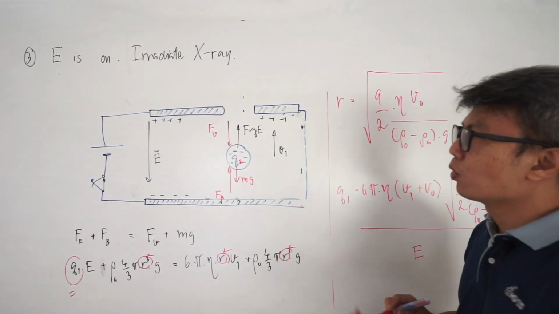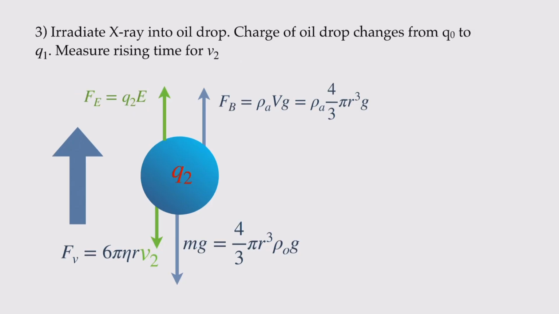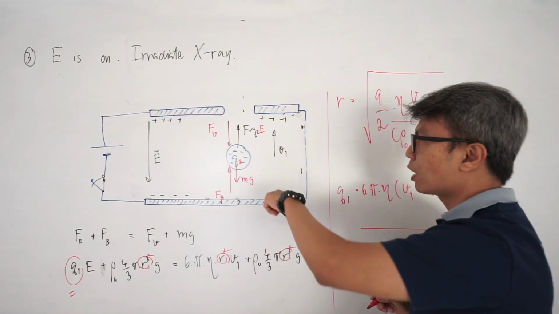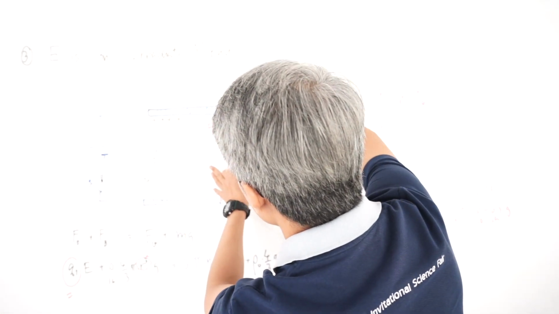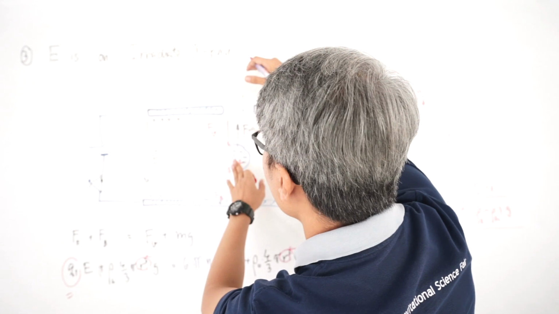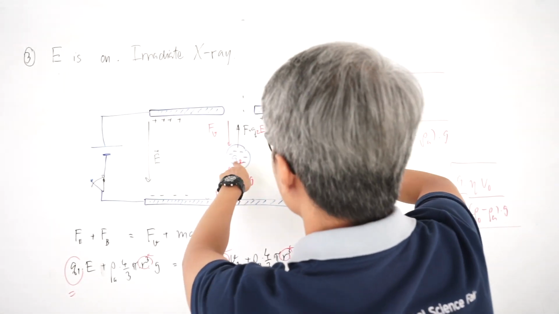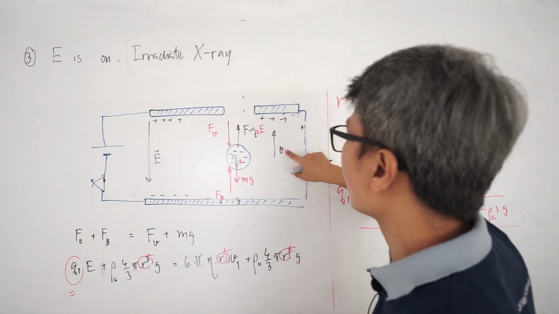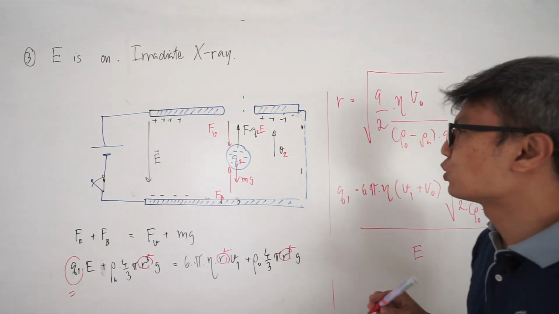And when the value of the charge is changed, definitely the magnitude of the force changes. At the beginning, the oil drop is moving with the air resistance, but after moving for a while, the oil drop will reach the terminal speed V2.